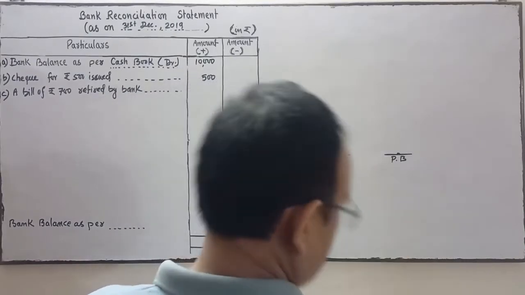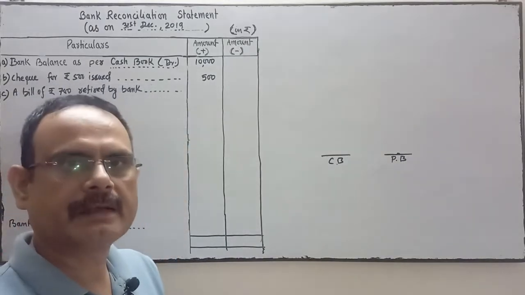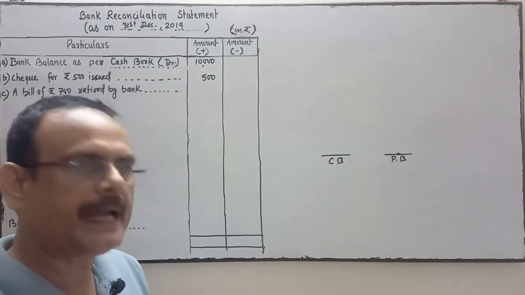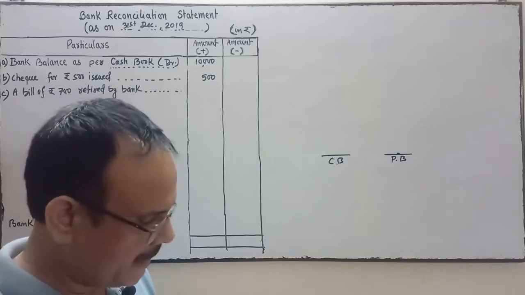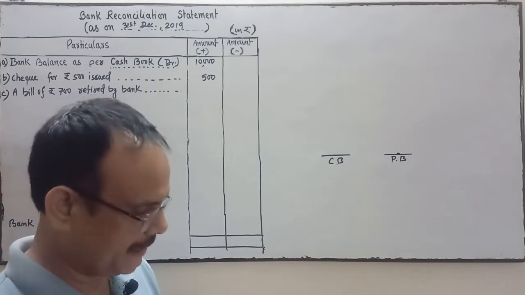Now see, this is cash book and passbook. A bill of rupees 700 retired by the bank means paid by the bank on our behalf under a rebate of rupees 20.